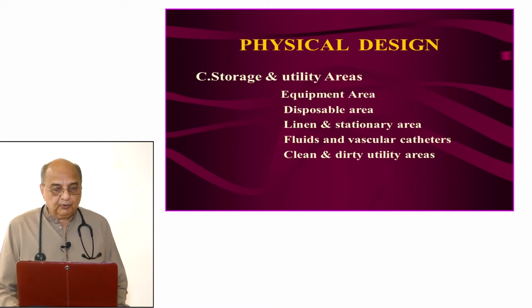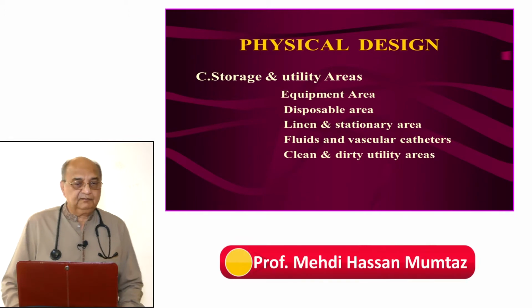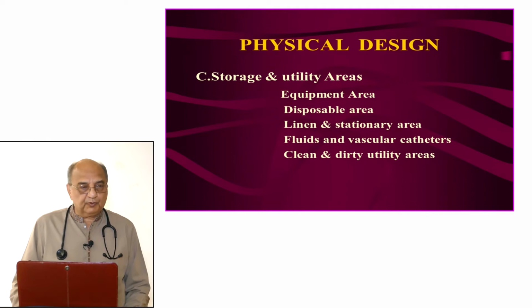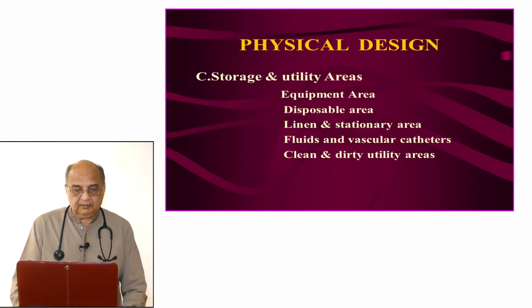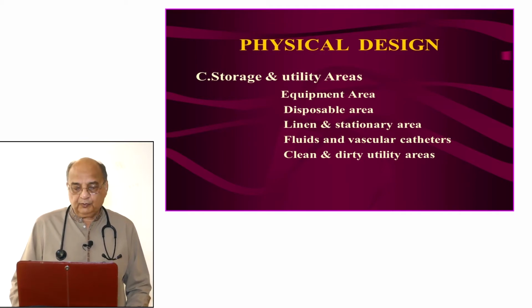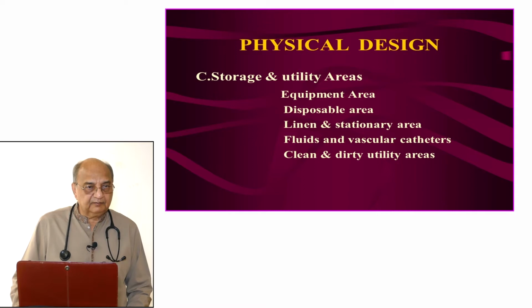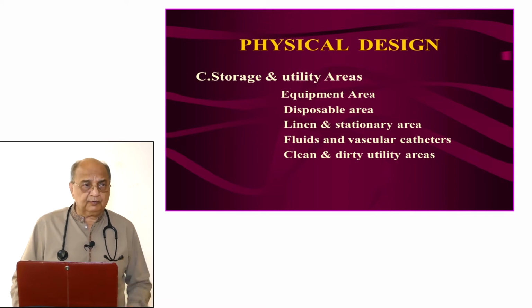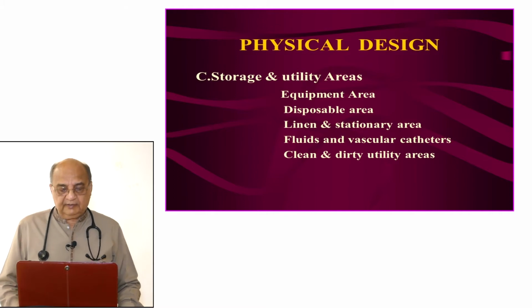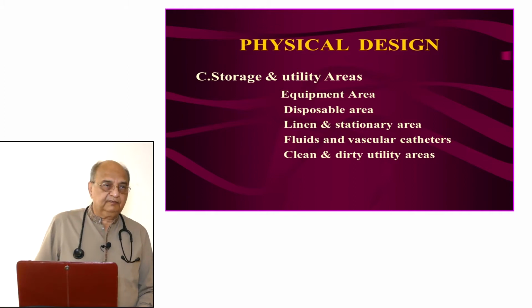Then there should be storage and utility areas. We should have an equipment area, an area for disposable things, and then an area for linen and stationery, fluids and vascular catheters, or you can keep them in the same store and make different portions. Then there should be clean and dirty utility areas also.